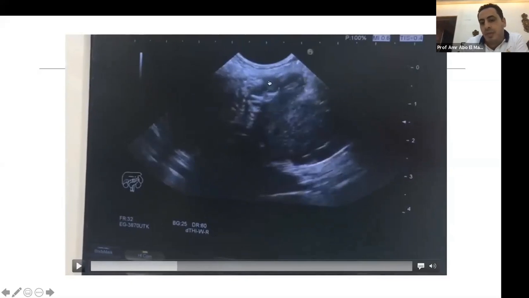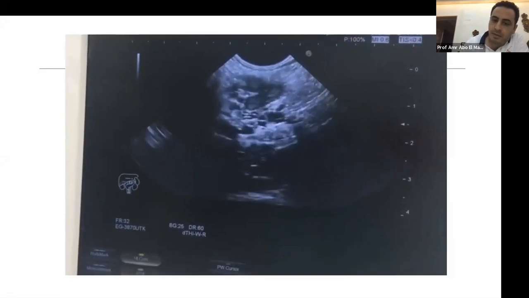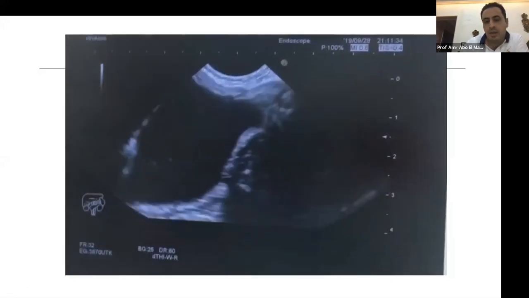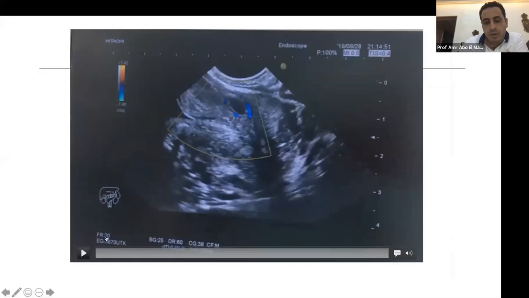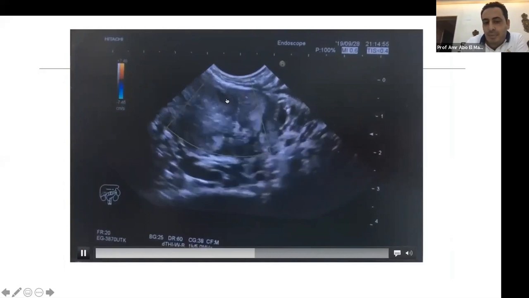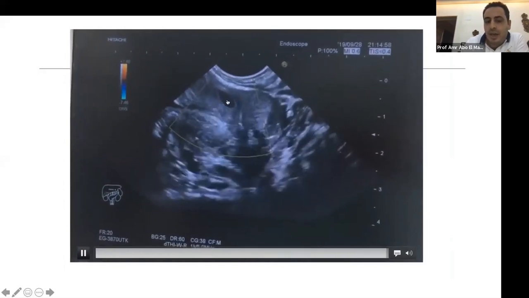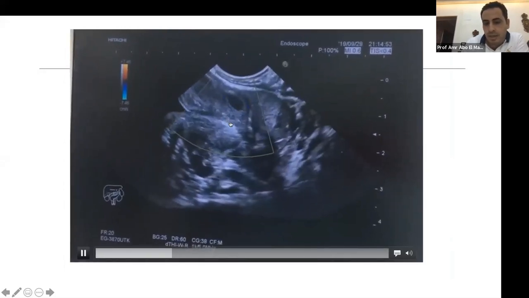Don't be in a hurry to consider it a malignant lymph node; you have to take your time, because we may mistake this structure for a malignant lymph node, but we consider it a seminal vesicle. Also, you can easily identify the anechoic structure inside the prostate, which is the prostatic urethra.